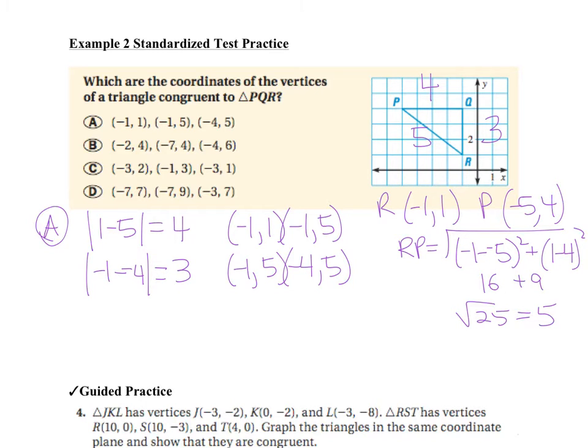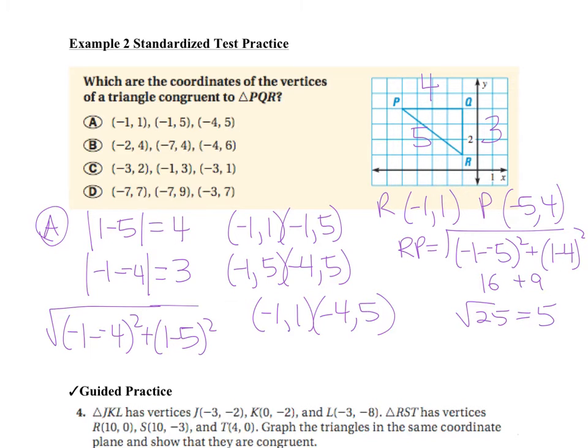And then I need to find the length of the first and last point. So we have square root of -1 minus -4 plus 1 minus 5 squared.